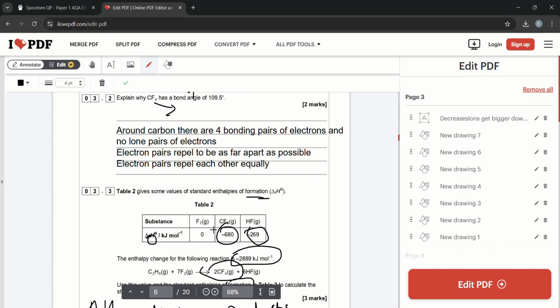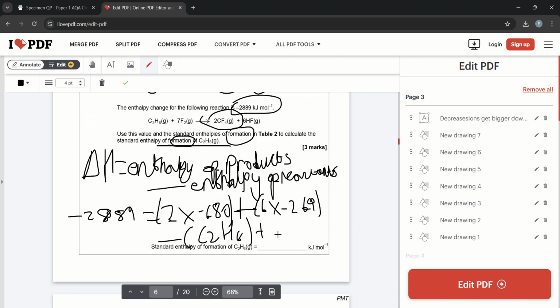Sometimes it might not give you the enthalpy of F2, but you'd be expected to know the enthalpy of formation of any single element is 0. So plus 0.